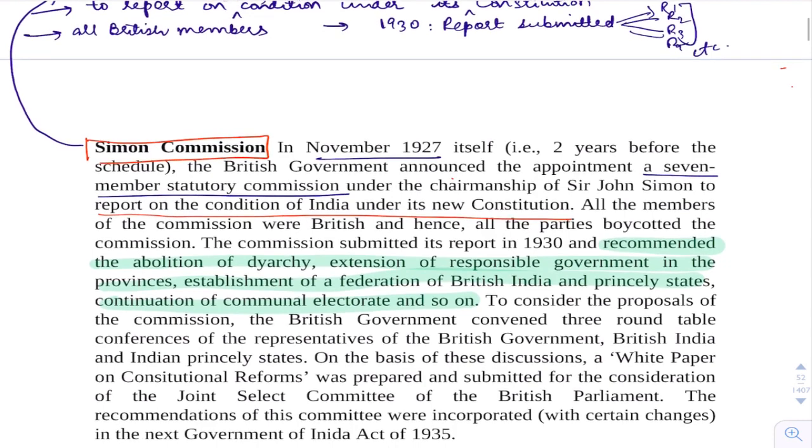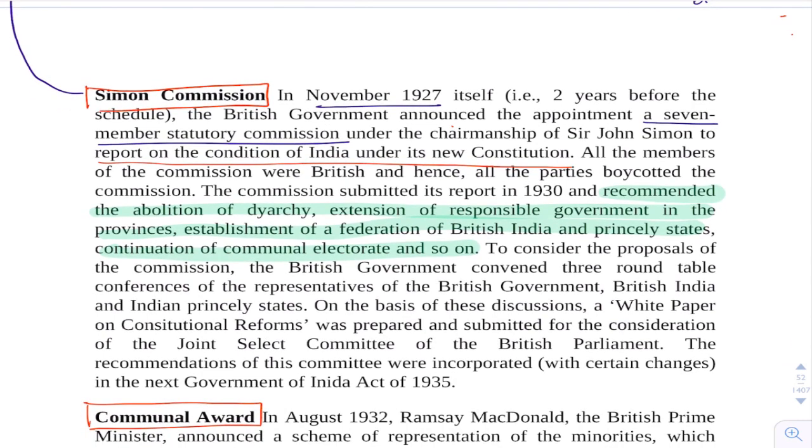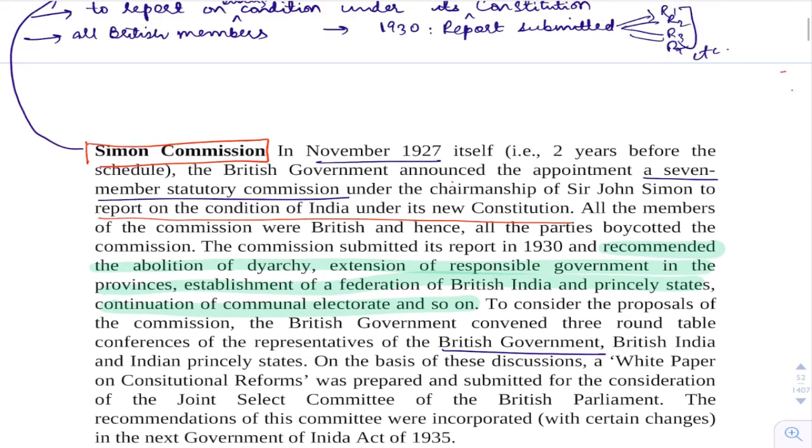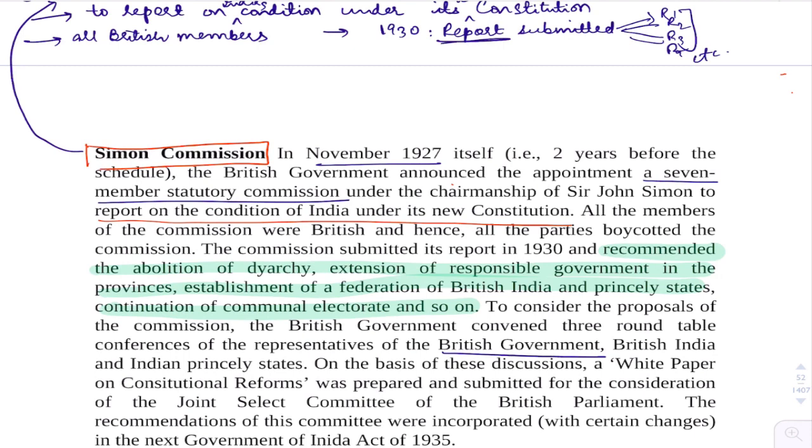To consider the proposals of the commission, the British government convened 3 round-table conferences of the representatives of the British government. तो British government के representative के लिए इसके बाद अब ये जो report इनकी आ गई, फिर इनके recommendations आ गए. Now, if these proposals have to be accepted or not, for that there were 3 round-table conferences held by the British government, जिसमें British India और Indian princely states के भी representatives जाने थे.